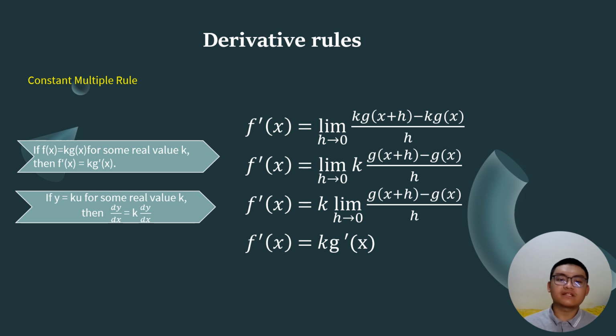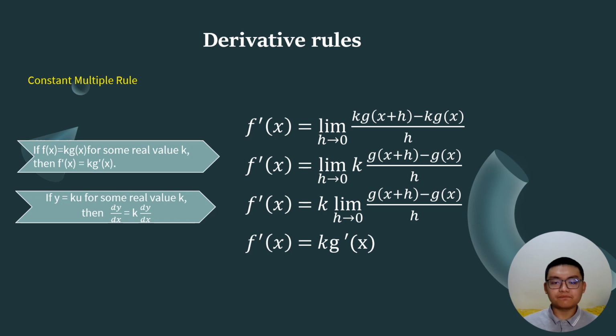So let's look at this slide. The constant multiple rule says that if f of x equals k times g of x for some real value k, then f prime of x equals k times g prime of x.